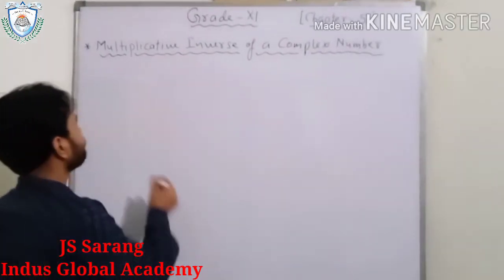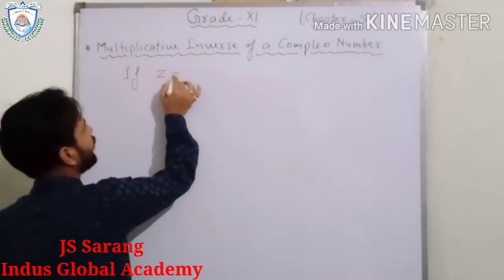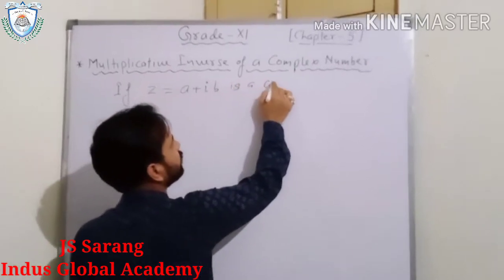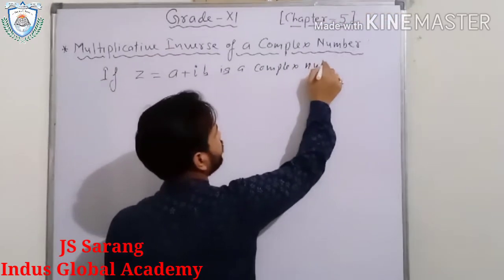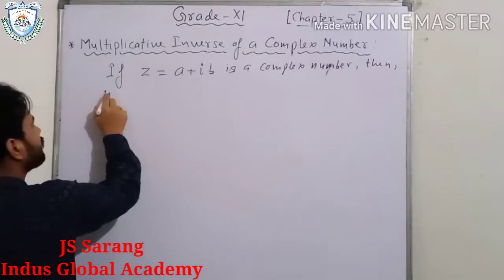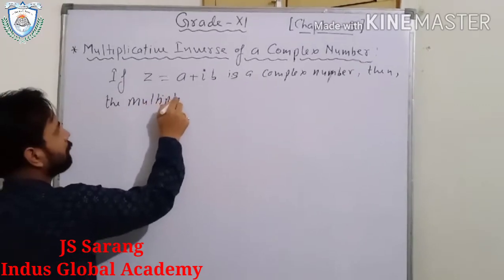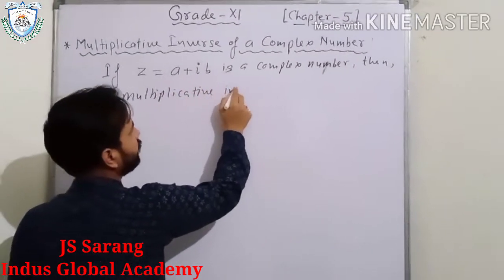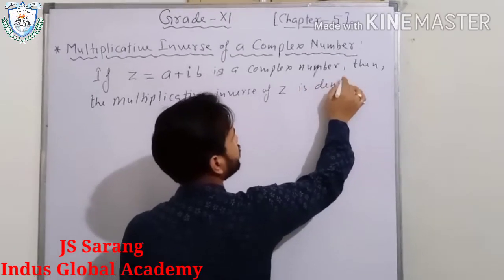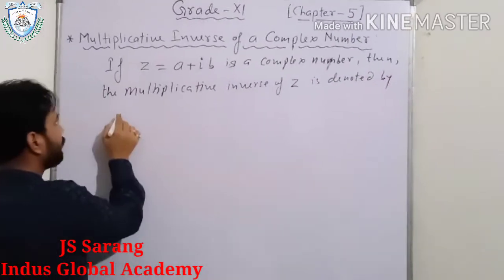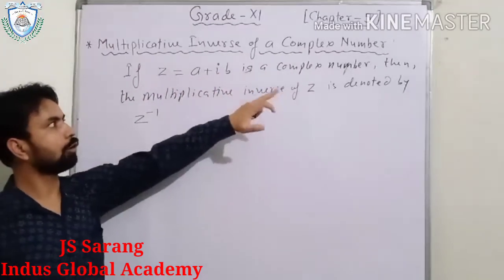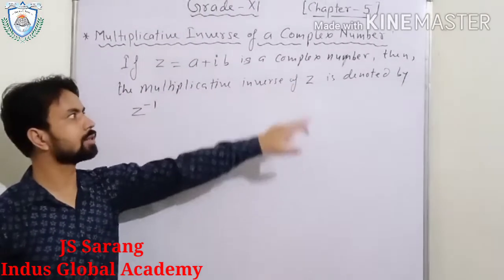So beta, if z equal to a plus ib is a complex number, then the multiplicative inverse of z is denoted by z inverse. Understood?